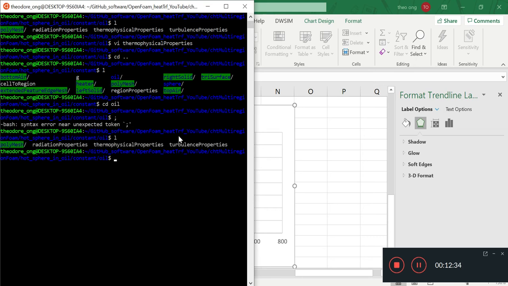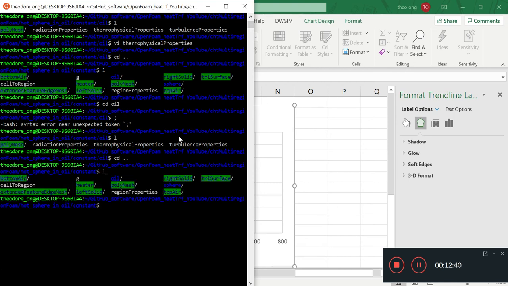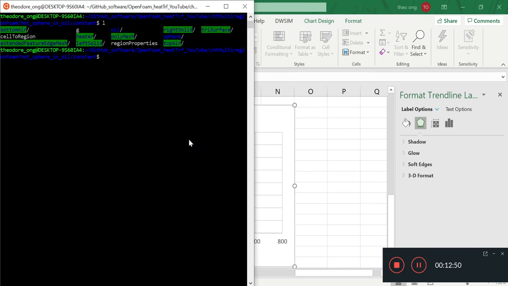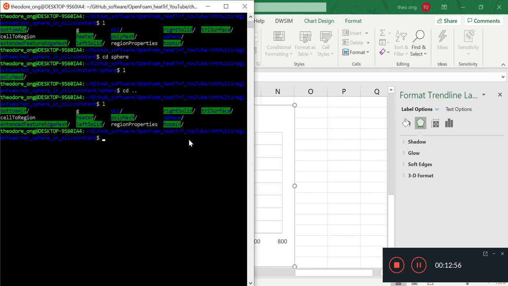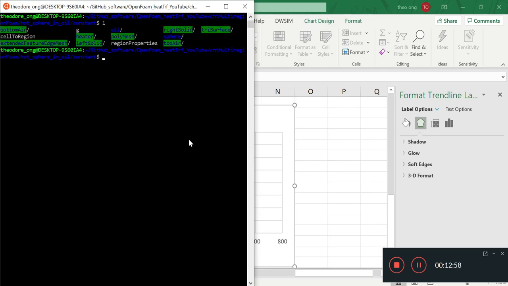So, radiation, thermophysical, and turbulence. So now we can move on to a bit of the solid region, which is a sphere. And right now, our sphere only has a polyMesh entry. So just like how we need to copy some files over, we can actually copy the heater files.